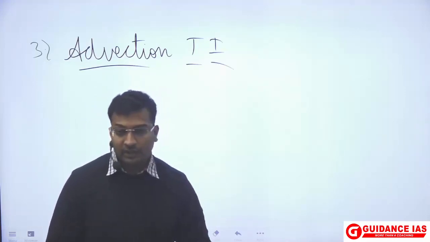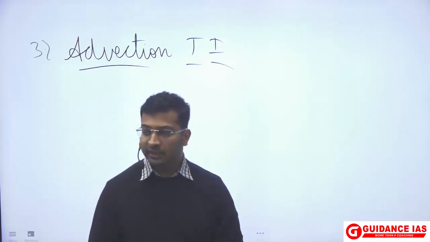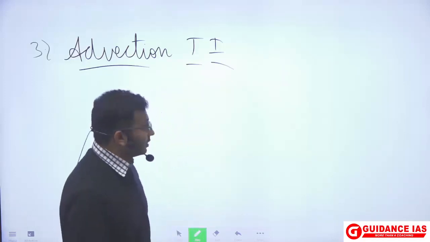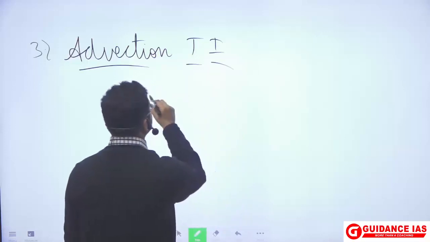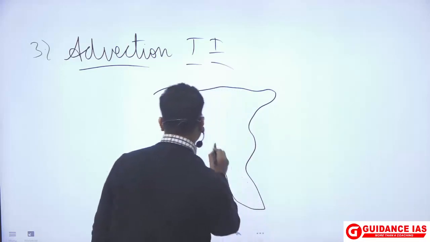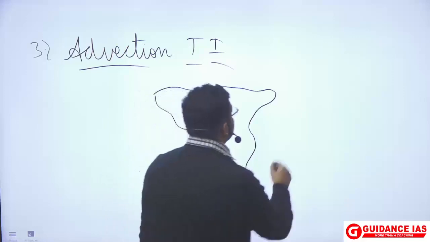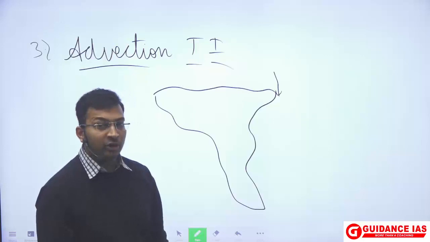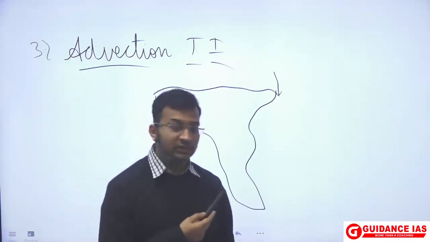This type of temperature inversion is mostly observed in coastal areas. For example, the northeast coast of North America, due to the movement of the cold Labrador current. This you'll learn in ocean currents.